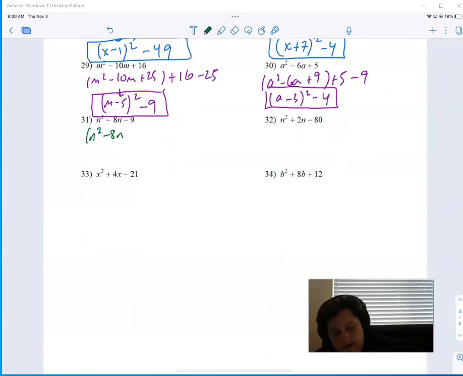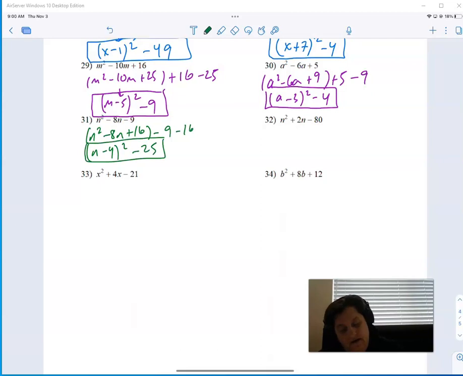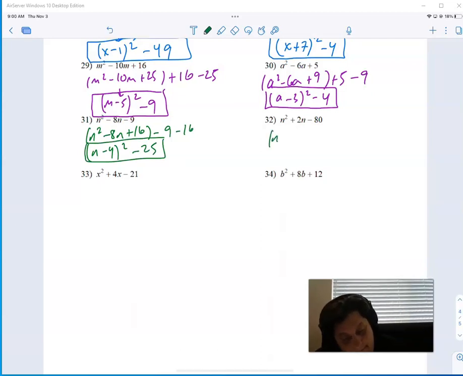Half of 8 is 4. Squared is 16, minus 16, that equals n minus 4 squared. Half of 2 is 1. Squared is 1. Plus 1 minus 1. This gives me n minus 1 squared minus 1.